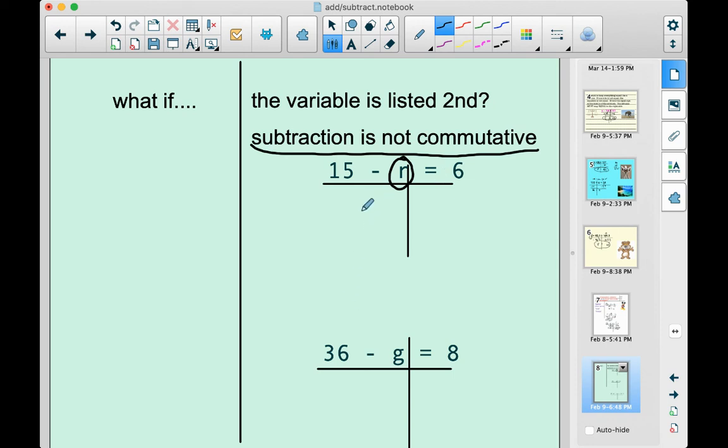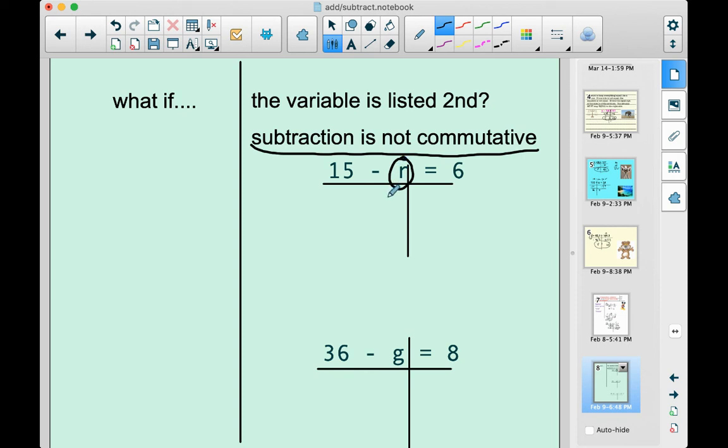Here's the one I'm going to suggest. Do you remember how I said we can add or subtract anything we want as long as we do it to both sides? Okay, as long as whatever I'm adding or subtracting is the same thing on both sides, I'm good. Okay, so if I look at this expression here, I said 15 is not the thing being subtracted. The thing being subtracted is r.